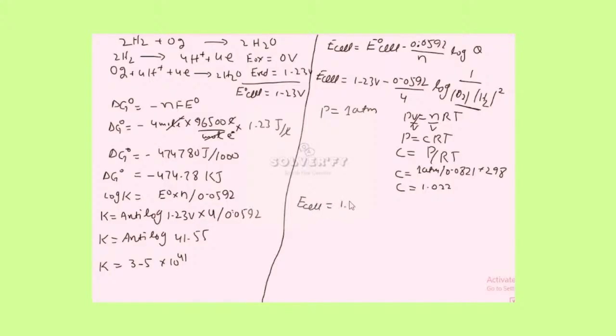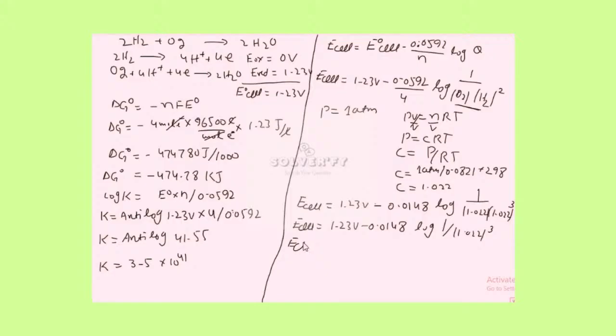1.23 volt minus 0.0148 and log of 1 over 1.022 into 1.022 cube. E cell is equal to 1.23 volt minus 0.0148 and log of 1 divided by 1.022 cube.